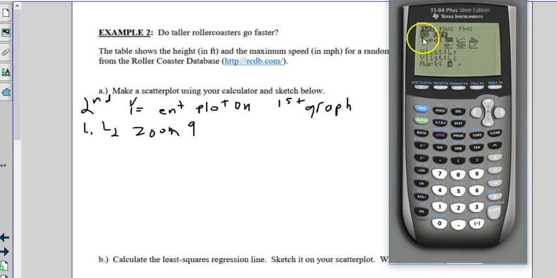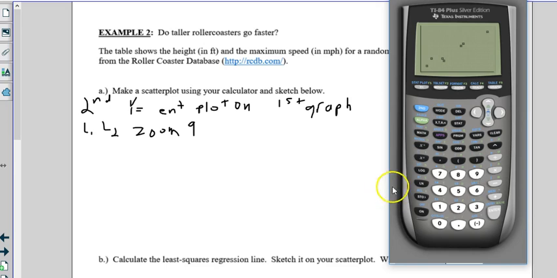Now, you see how it's flashing on? Right now, it's off. So you want to hit enter so that the black box is on. You want plots on. You're going to go down to this very first graph, just down arrow and you're there. That's the scatter plot. You're going to make sure these both say L1, L2. If they don't, I showed you how to change them. You hit second 1, second 2. And all you're going to hit now is zoom 9. And boom, you've got a scatter plot.